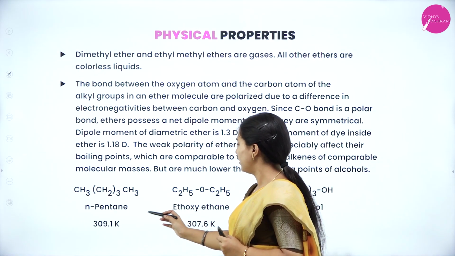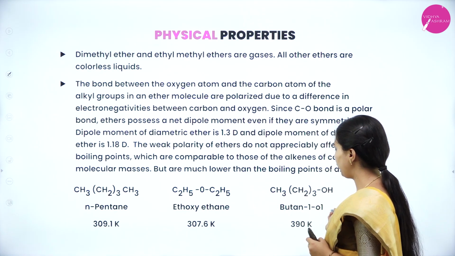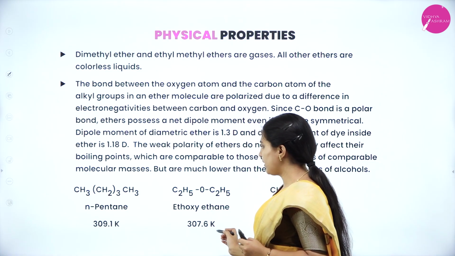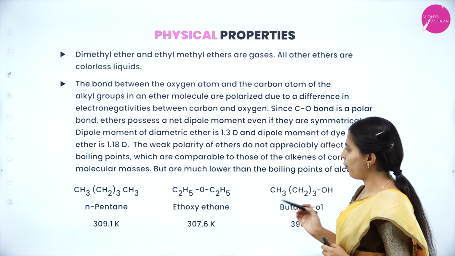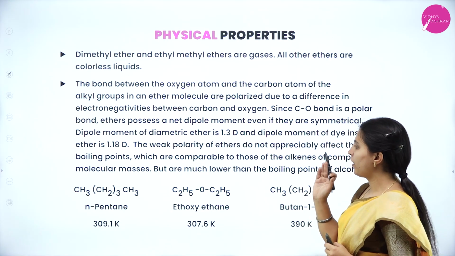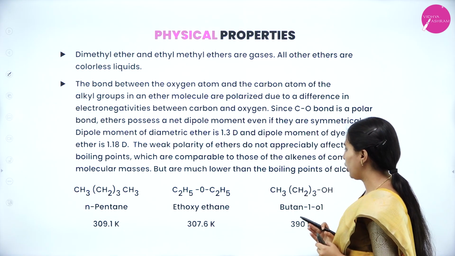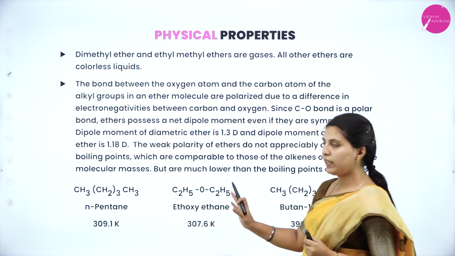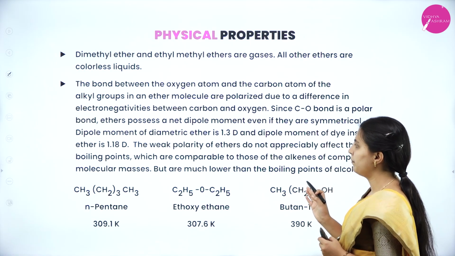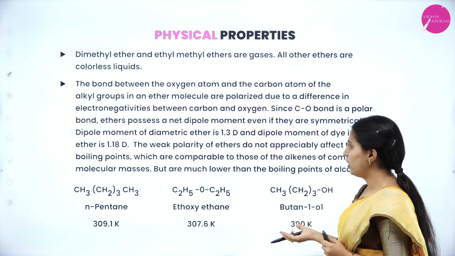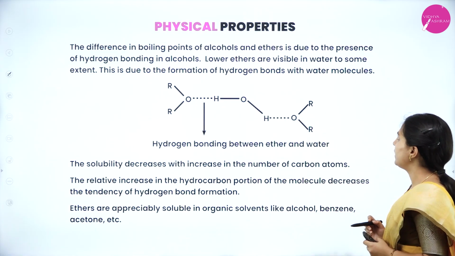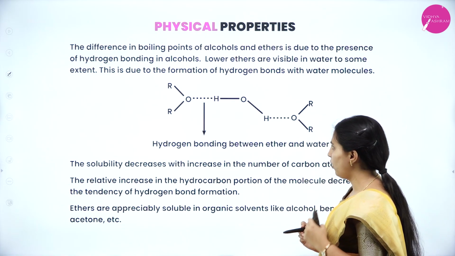See here n-pentane, ethoxyethane and butanol: 309.1 K, 307.6 K and 390 K. This is the comparison between alkane, ether and alcohol; ethers are close to alkanes because the weak polarity from the electronegativity difference between carbon and oxygen does not give an appreciable boiling point. The difference in boiling points of alcohols and ethers is due to the presence of hydrogen bonding in alcohols.